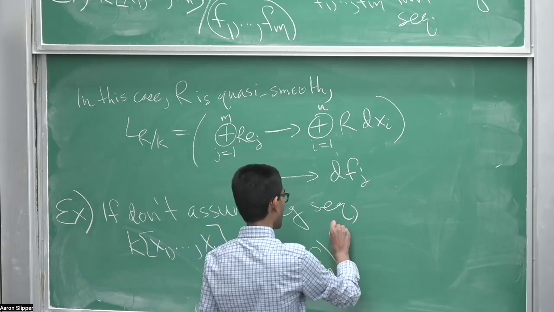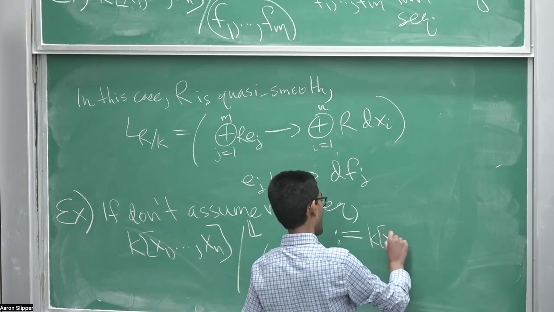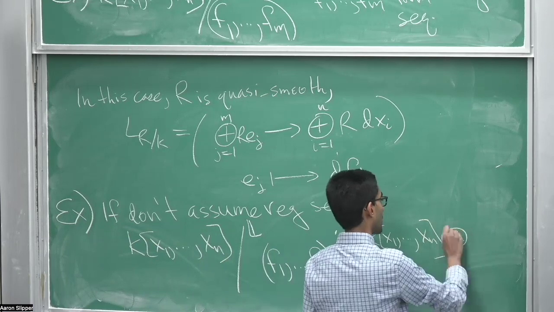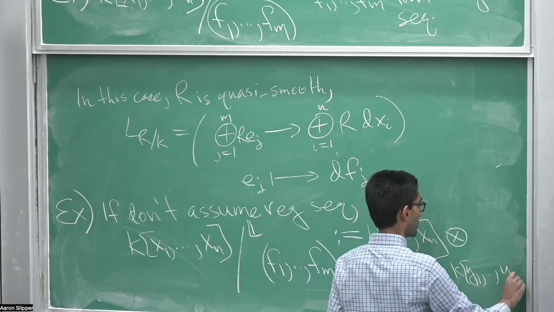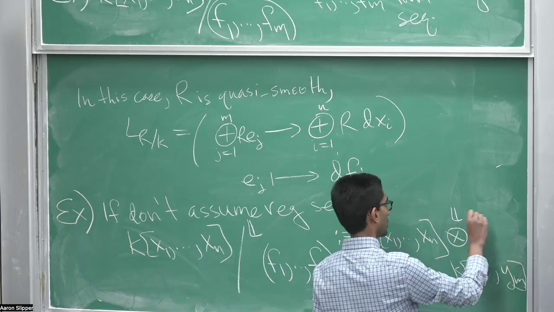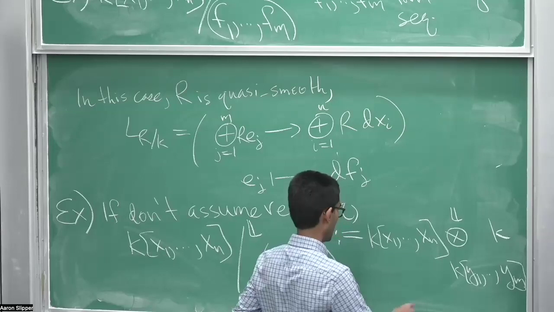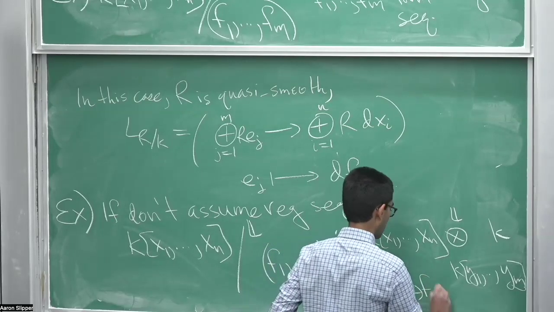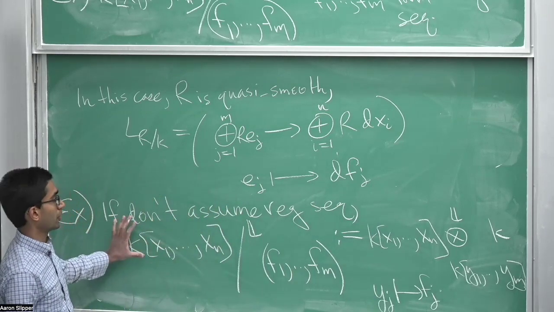By definition, that's a derived tensor product of K[x1 through xn] with K[y1 through yn], where y_j maps to f_j.